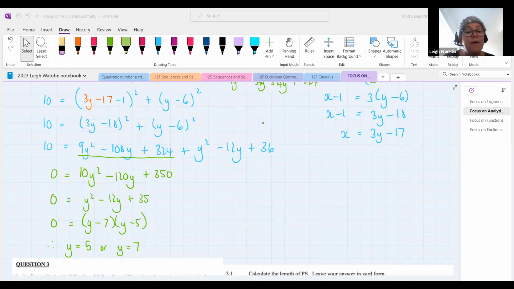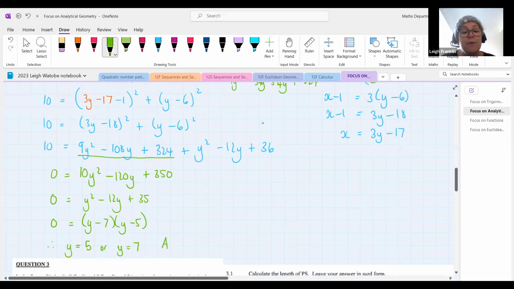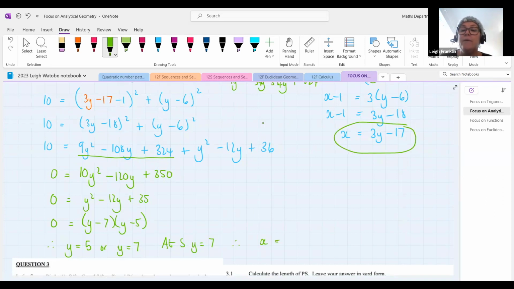So it's not 5, at S y equals 7. And now we can go and solve for x. So we've got x equals, remember we're using this equation over here, 3 times y, and that would give us 21 minus 17, which gives us an answer of 4.